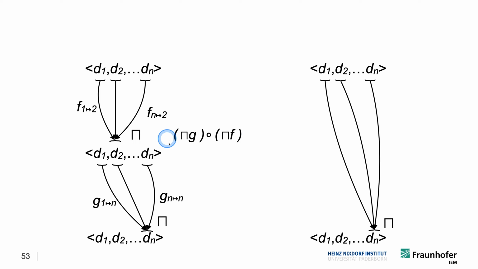So conceptually, it looks a little bit like this, right? So first f, then meet, then g, then meet. What do we have on the right-hand side? Well, conceptually it's this, right? So here we also have microfunctions, but as you will notice, they now combine the effects of f and g, and we only compute the meet in the end.